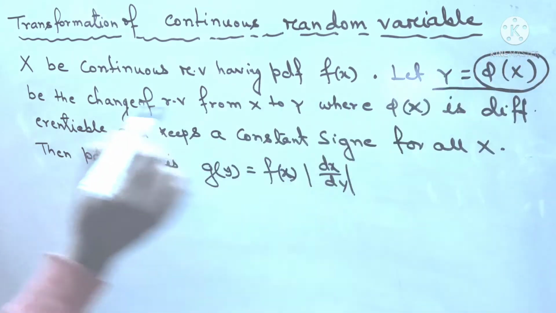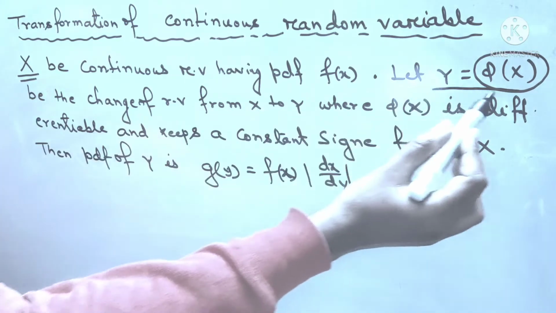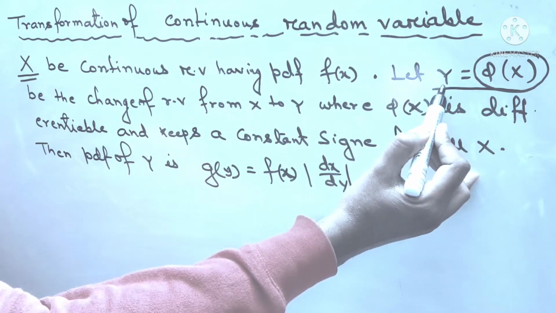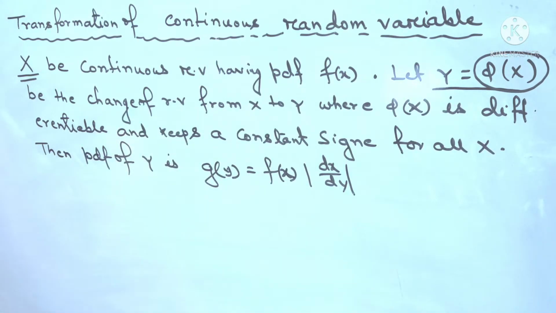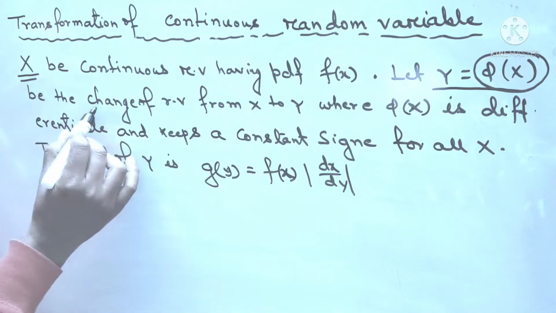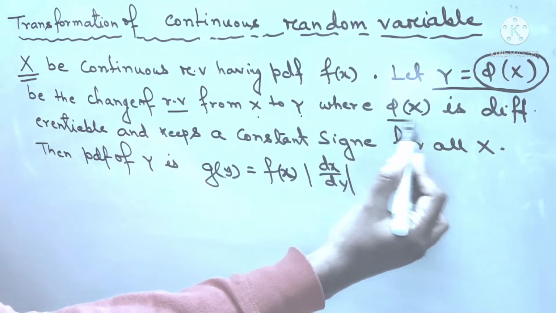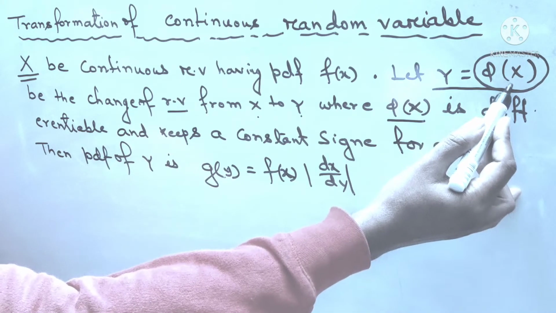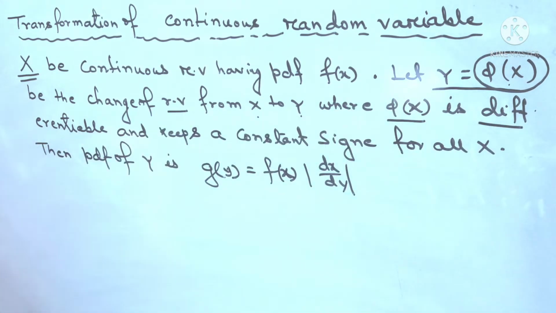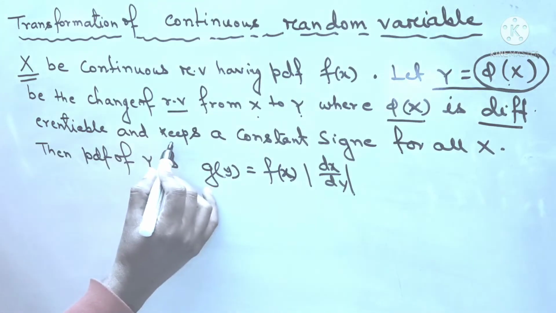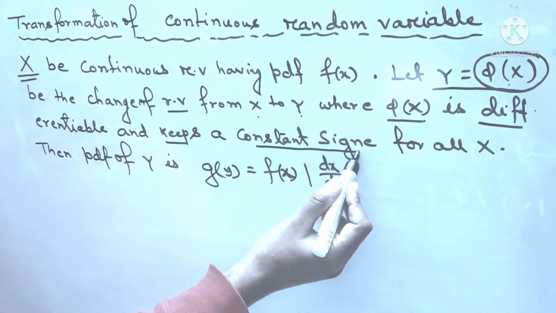We know the PDF of x and we have to find the PDF of y, where y is a function of x. With the change of random variable from x to y, this transformation function phi of x must be differentiable and keep constant sign.